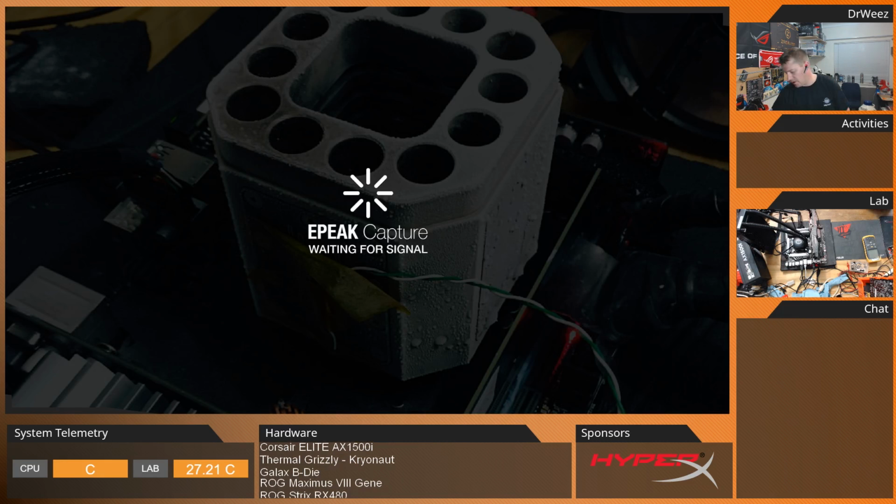Actually, maybe an easier way to go about this is to show you the effect that XMP has. I've never used this memory on XMP before. It will be a first time for me, I guess.